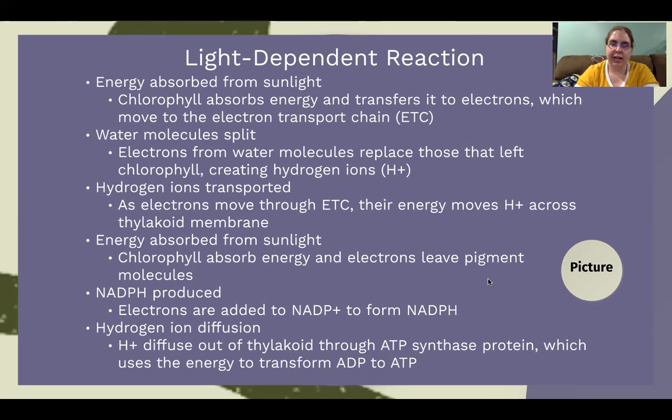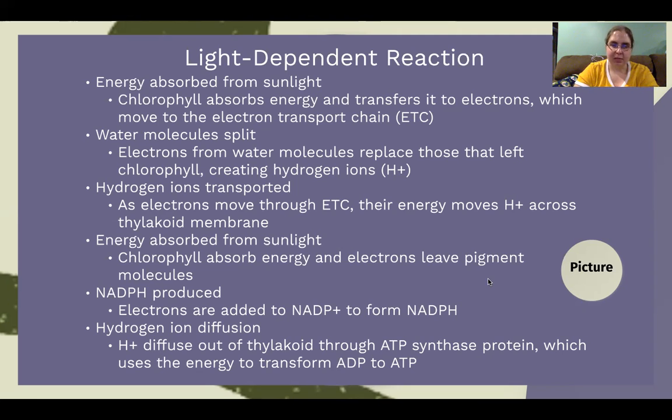This also creates hydrogen ions. Now, hydrogen ions are also going to be transported across the thylakoid membrane. So the electrons, as they move from one protein to the next in the electron transport chain, the energy of their movement is actually going to draw more hydrogen ions across the thylakoid membrane and into the thylakoid.